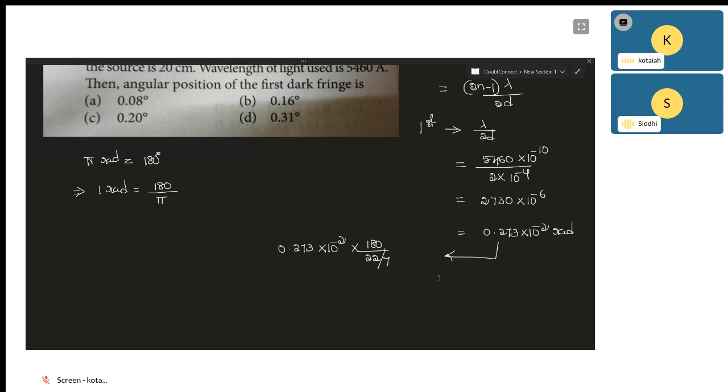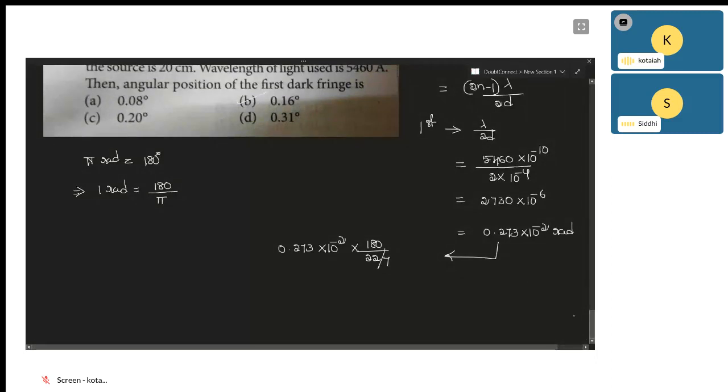So it will be around 0.16 only, the second option. So option B.